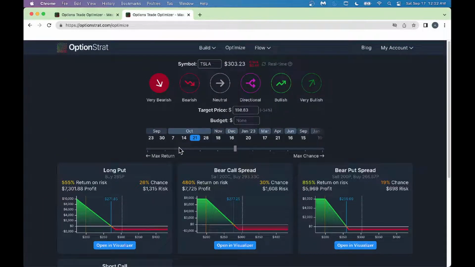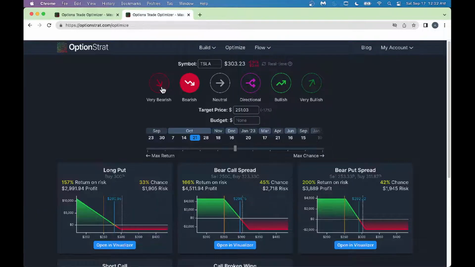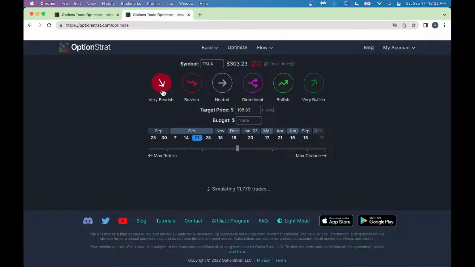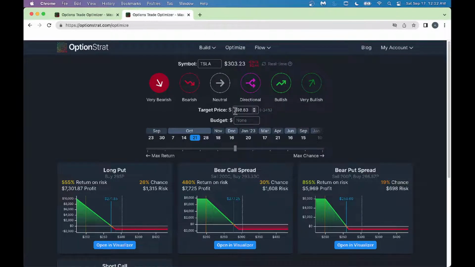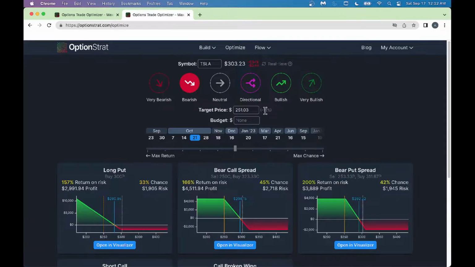If you're very bearish or even just slightly bearish, as you click on here, if you say very bearish, Optionstrat tells you your target price is 198, which is 34% below current stock price, as you can see here. Depending on your direction, it tells you very bearish means 34% below current stock price, and if you click on bearish, it's 17% below current stock price. So that's how it tells you what to do.